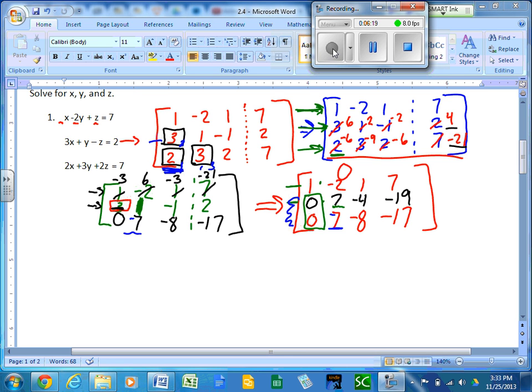Now what I've noticed is that these two, if I add them together already, will cancel out. They'll become 0. So let's go ahead. We don't have to multiply any of them by anything. But before I add down, I want to rewrite the ones I don't want to change. I don't want the top to change, and I don't want the middle to change.